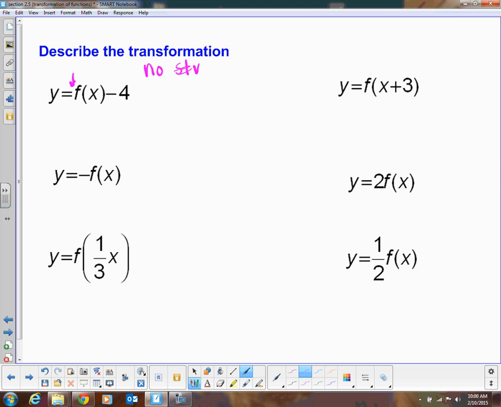And I should say no vertical stretch or compression. Now, it's positive, so is there a flip? No flip over the x-axis, also known as reflection.